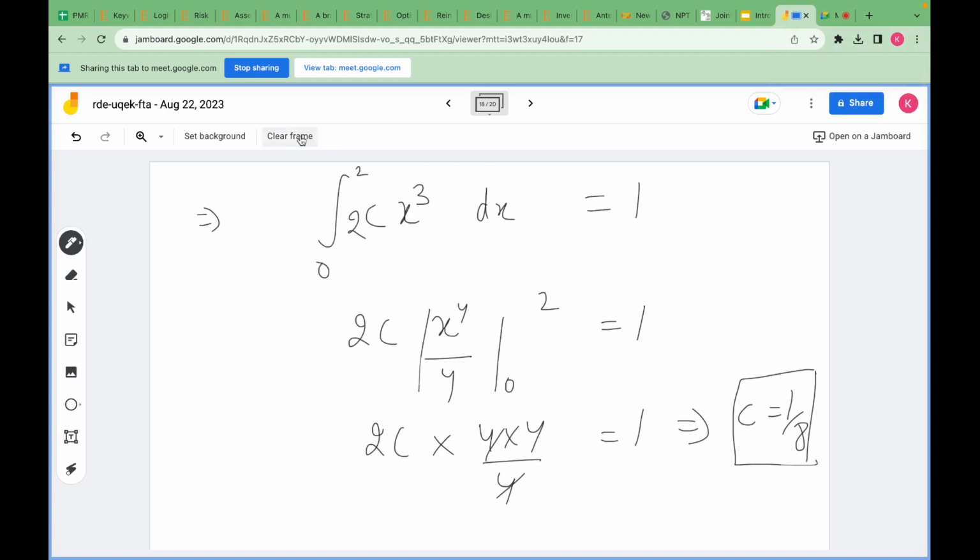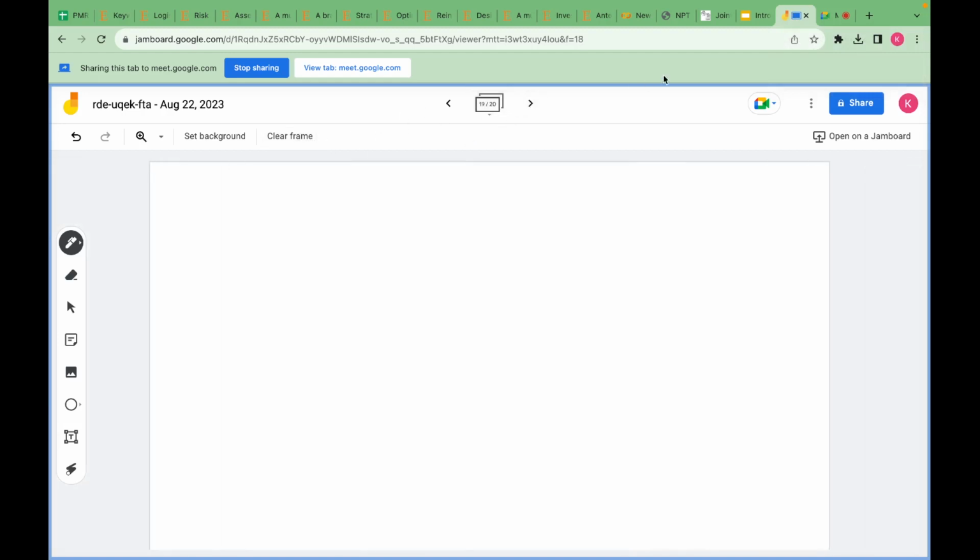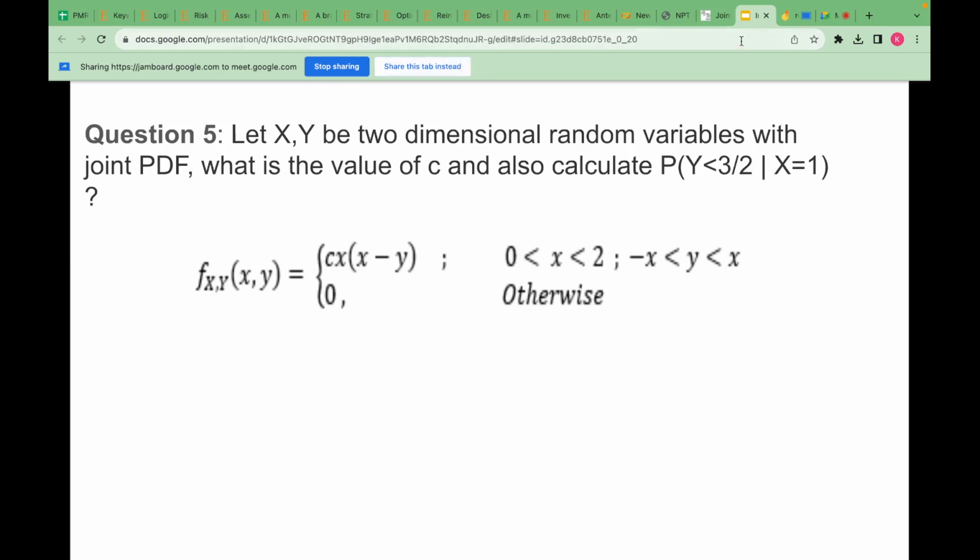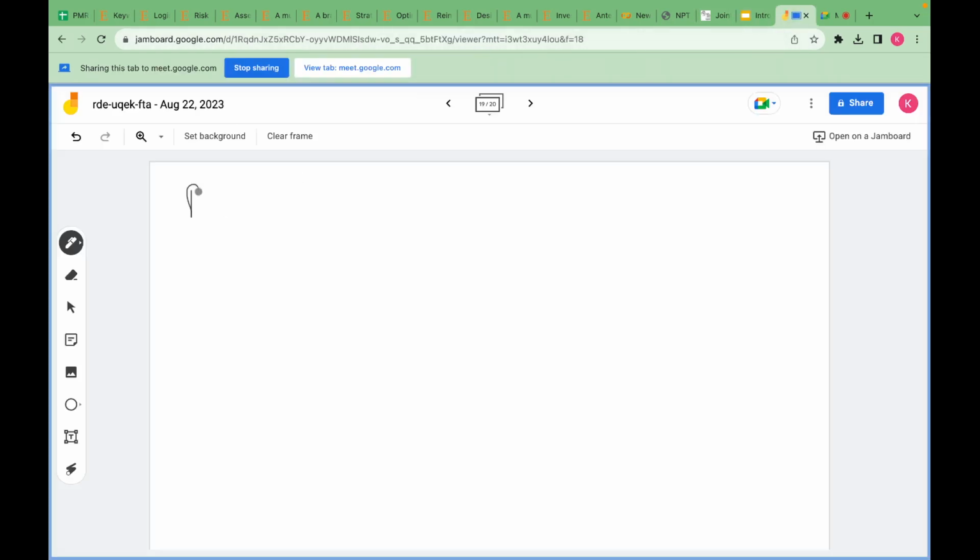Now we will move to the next part of the question, which is we need to find the probability that y is less than 3 by 2 given that x is equal to 1. Okay, so this is the conditional probability, right?